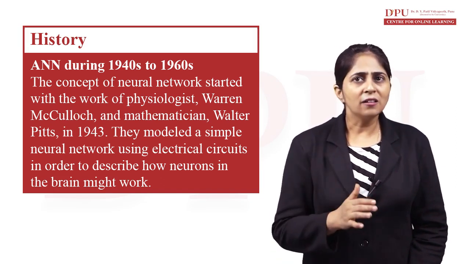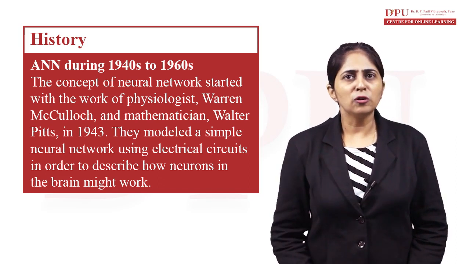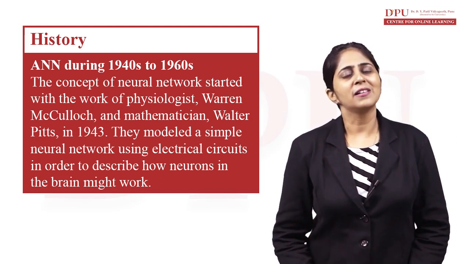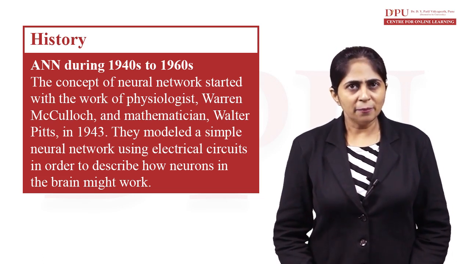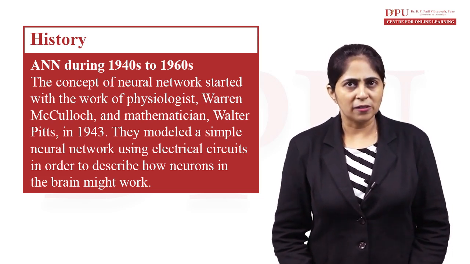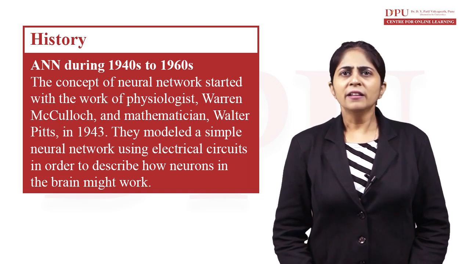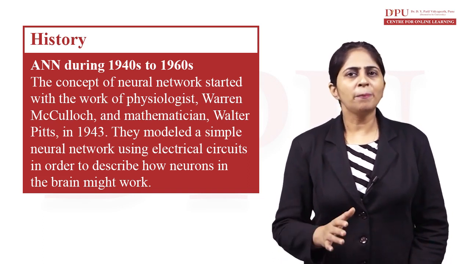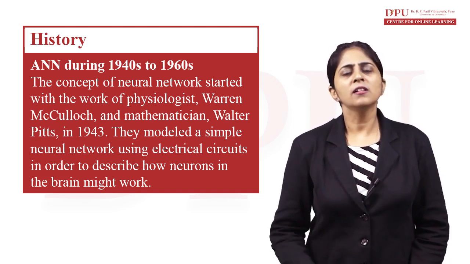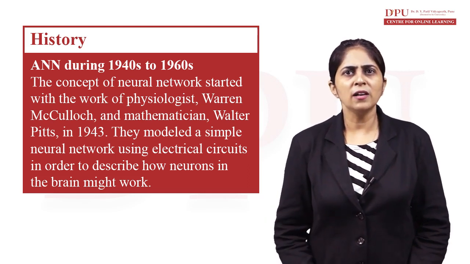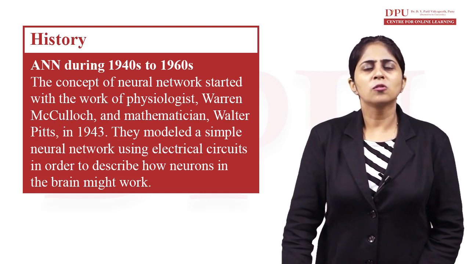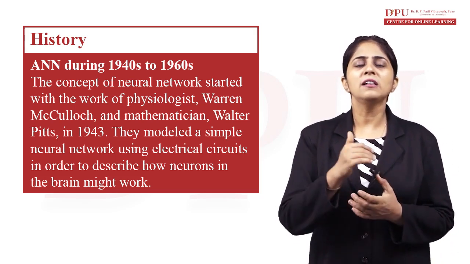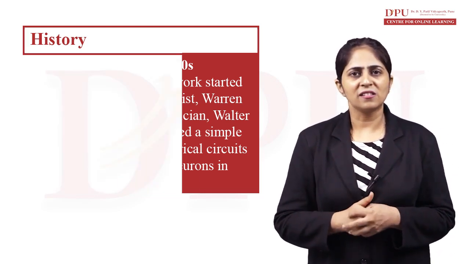So this concept originated in 1943 by Warren McCulloch and Walter Pitts. Then this was followed by the development of activation function and associative memory, done by other scientists also. So this was the period from 1940 to 1960.